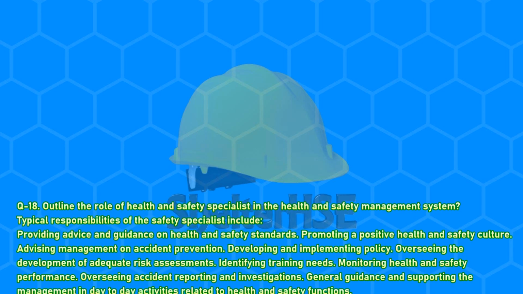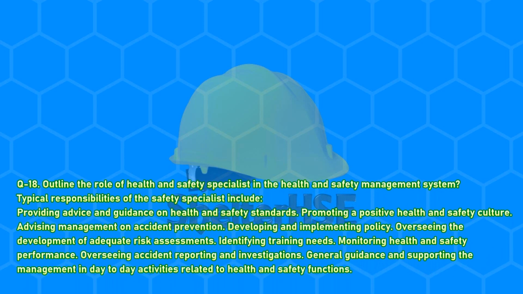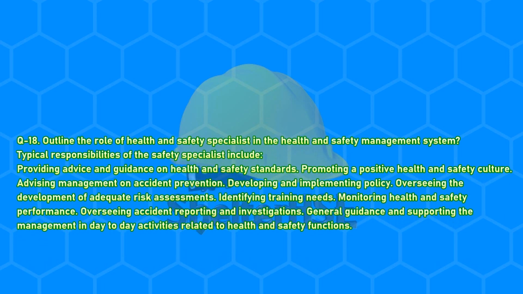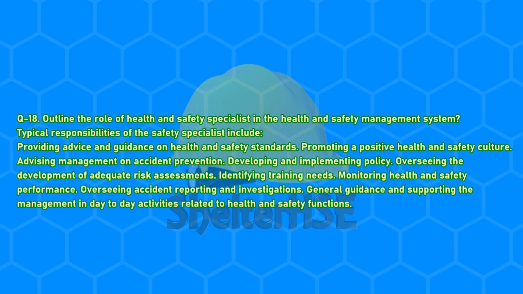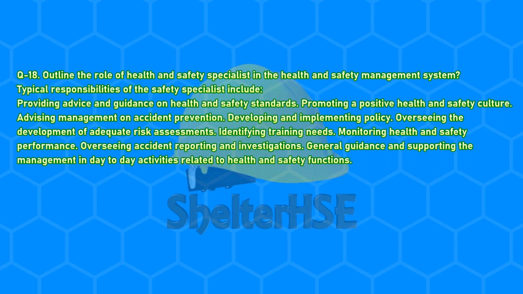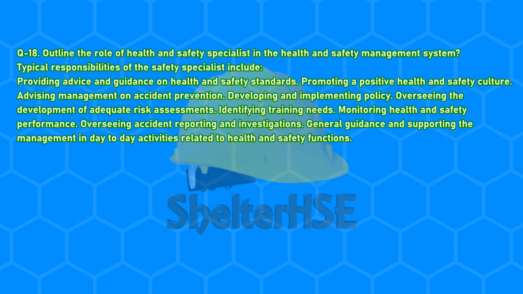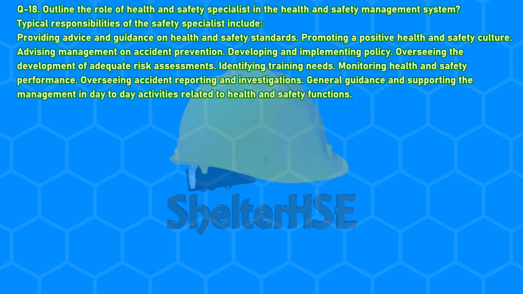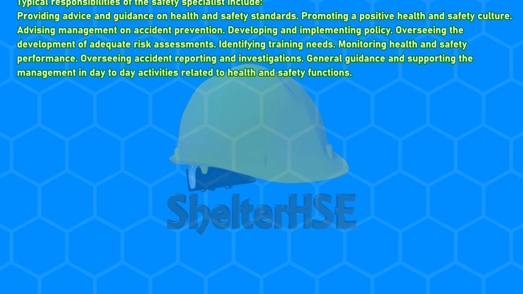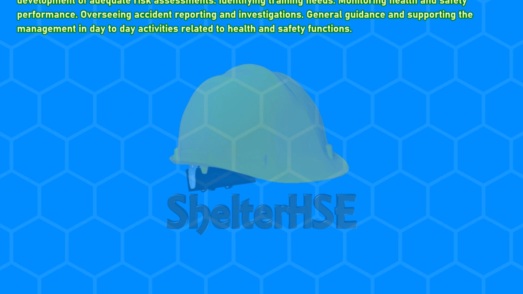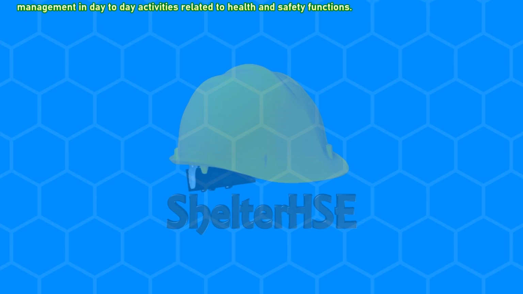Typical responsibilities of the safety specialist include providing advice and guidance on health and safety standards, promoting a positive health and safety culture, advising management on accident prevention, developing and implementing policy, overseeing the development of adequate risk assessments, identifying training needs, monitoring health and safety performance, overseeing accident reporting and investigations, general guidance and supporting the management in day-to-day activities related to health and safety functions.